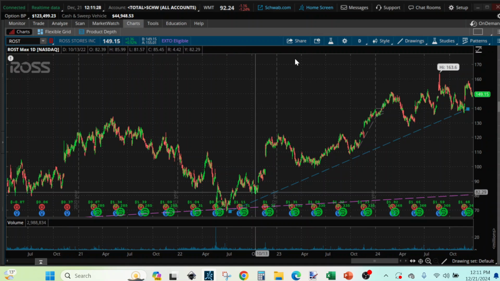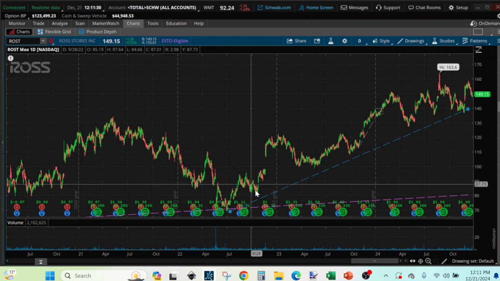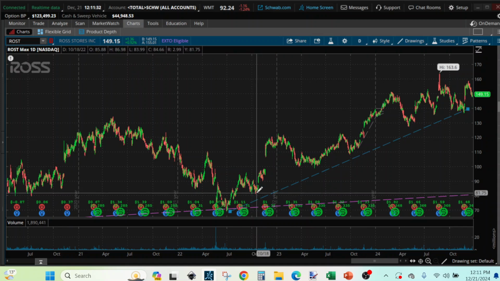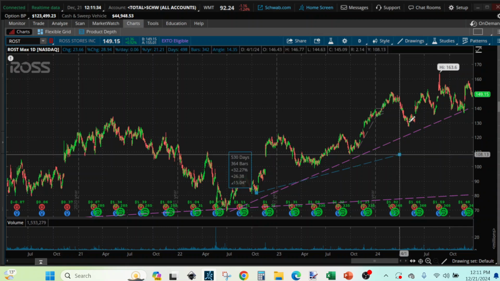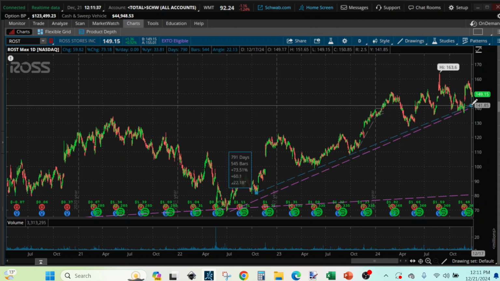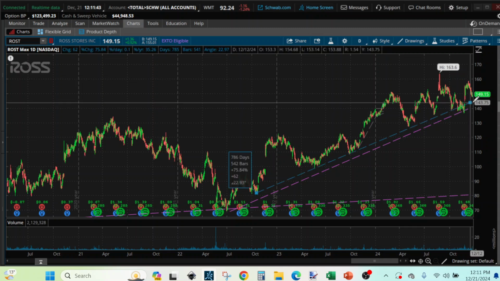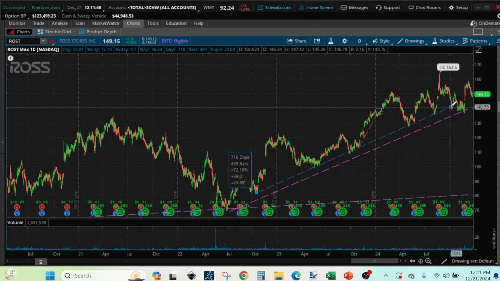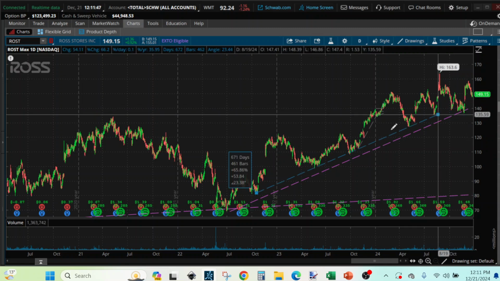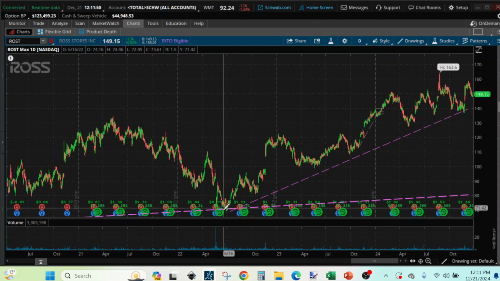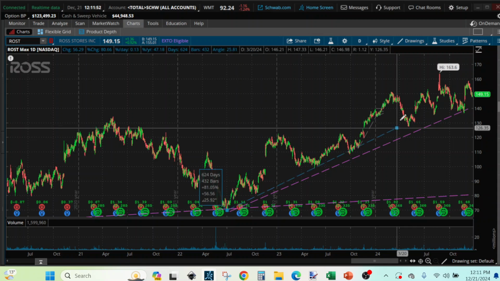Now we can see if we can trace some more. Let's see what kind of lows I can connect. Because it is closer to this line, I'm just going to go with that line. Let me start it from here and see.